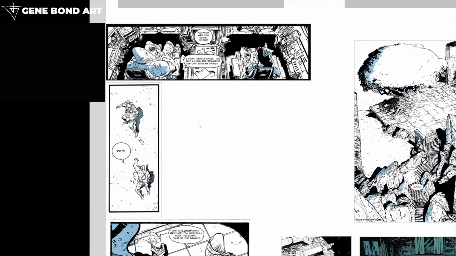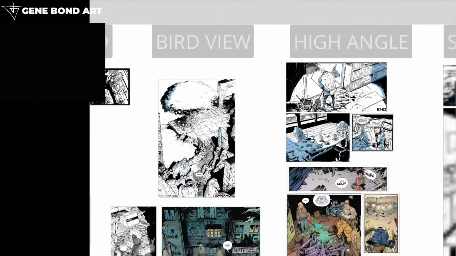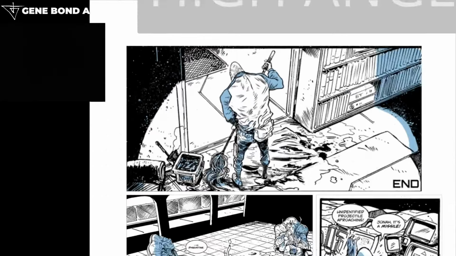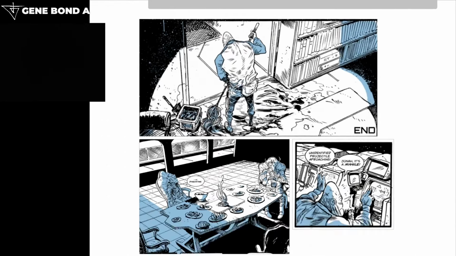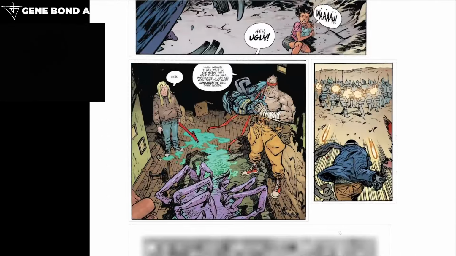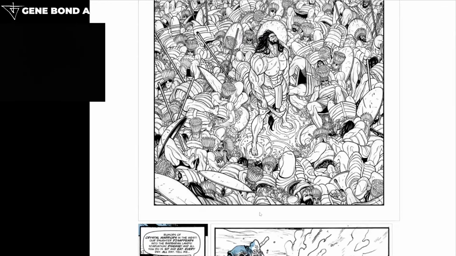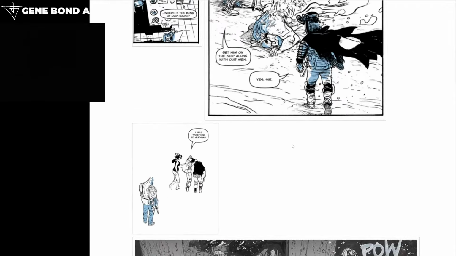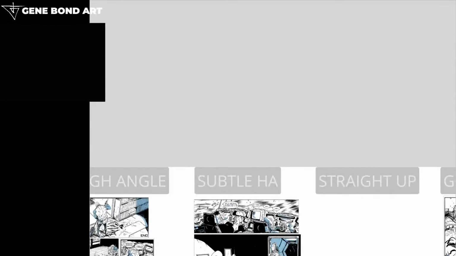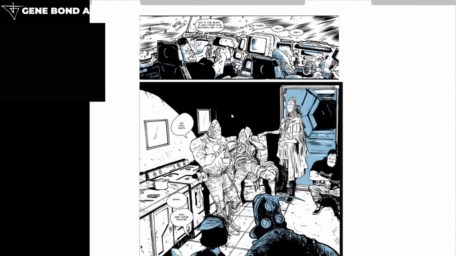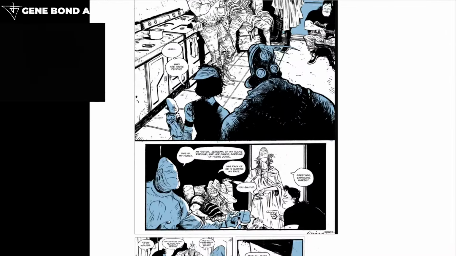So here we have overhead, here we have bird view, here we have high angle, so it's like down shot. See, so different down shots. Okay, so then we have subtle high angle. So it's like horizon line is present here.